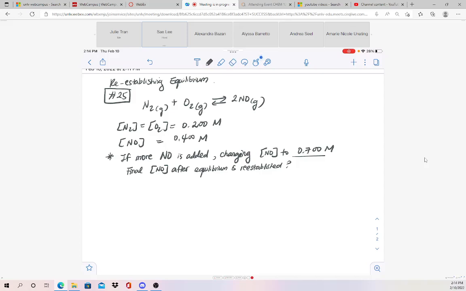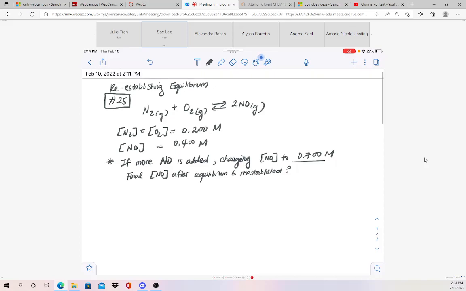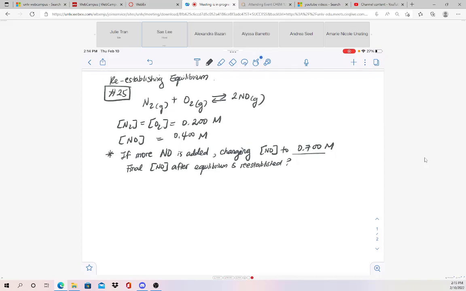But if I show you how to solve this, you can easily solve your own homework with your own values too. Okay. So the question is giving us the initial concentrations. Oh, this is the concentration at equilibrium. And then now it's adding more nitrogen oxide and it's disturbing the equilibrium.